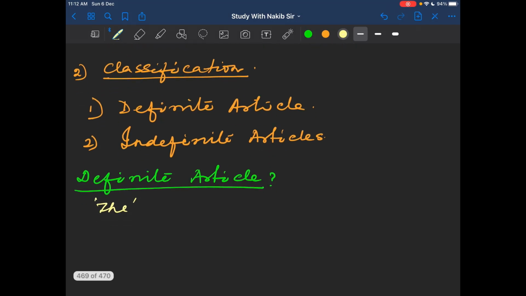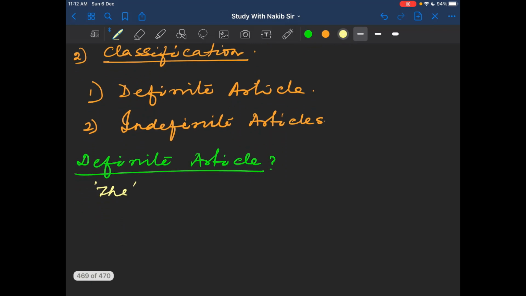See the example. Then you can understand. The boy. What kind of boy? The boy, particular boy. The pen, particular pen. The man, particular man.